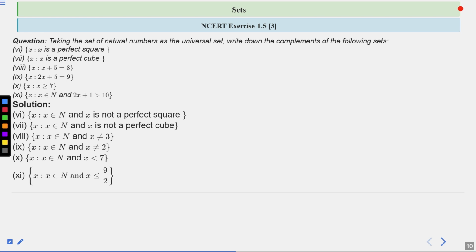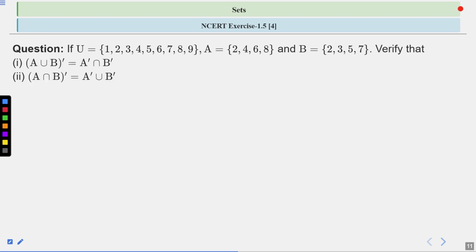Okay, moving to next. Now this question. Here we have been provided with a universal set, and A and B as its subsets. The universal set is the collection of the first 9 natural numbers. A is a set with 4 elements: 2, 4, 6, 8. B is a set with 4 elements: 2, 3, 5, 7. We are provided with two statements and we have to verify them using this universal set, A and B. In the first, the complement of A union B is the same as A complement intersection B complement.